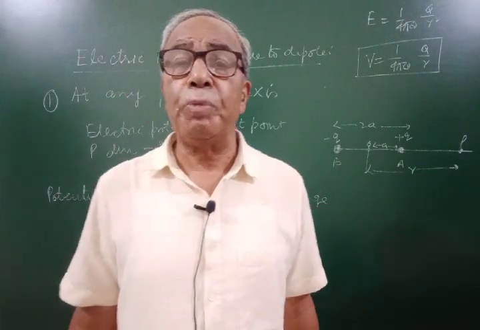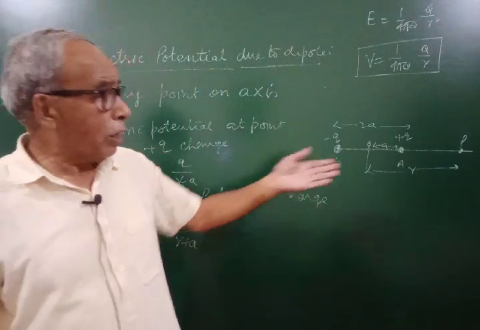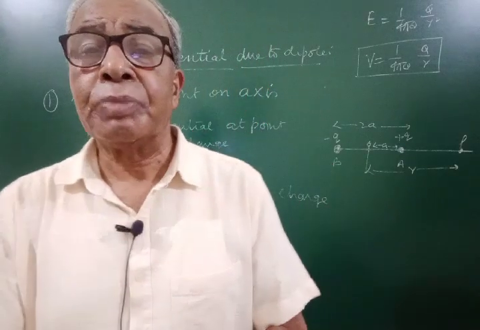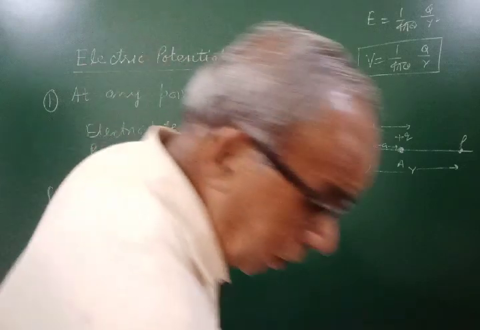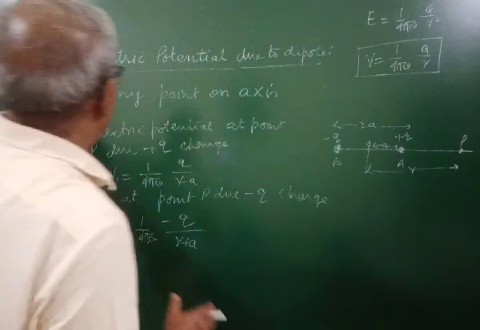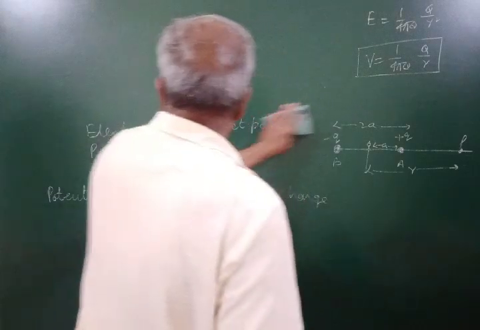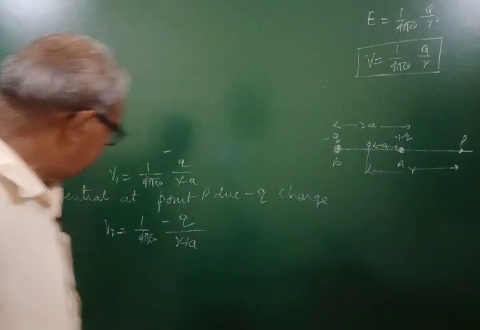When we checked the copies, we found that instead of potential, students were deriving electric field. Please listen and read the question carefully. Generally, when a dipole comes, students start thinking it is simply asking electric field, but he was asking potential.